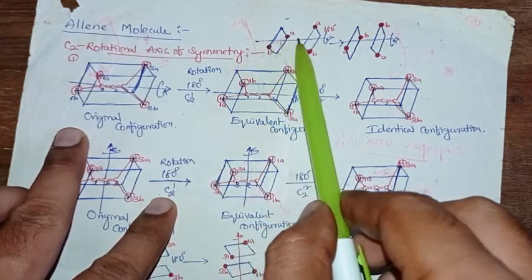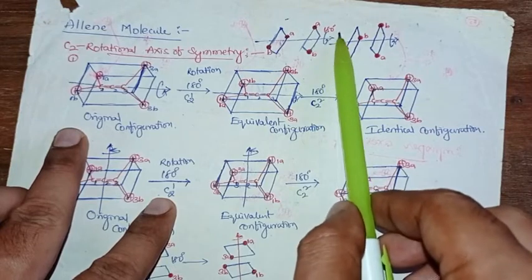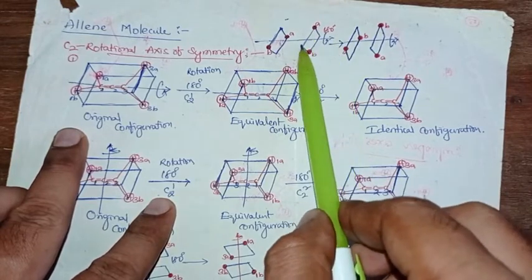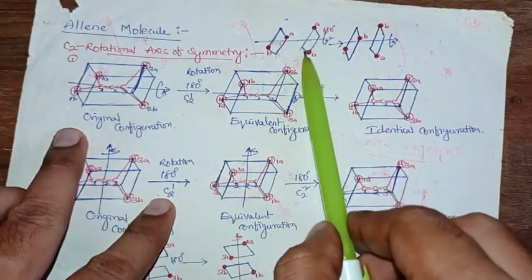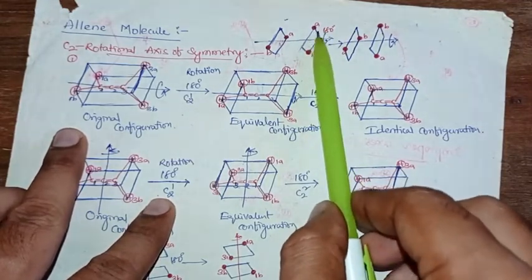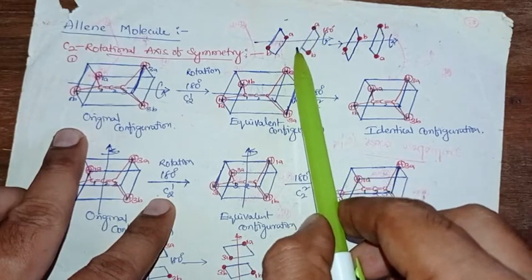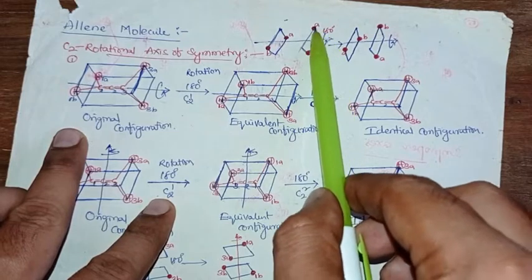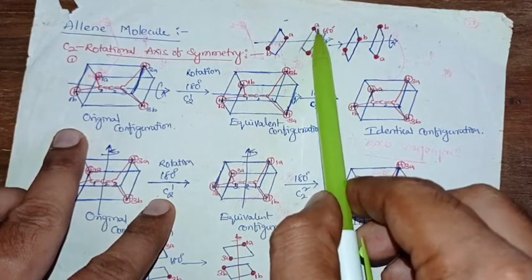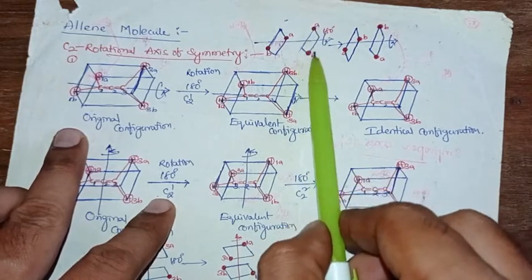So here we are horizontally applying an axis and doing a 180 degree rotation. When the plane is rotated 180 degrees, the H3A gets to the position of H3B, and H3B gets to the position of H3A. So these two hydrogens replace each other.